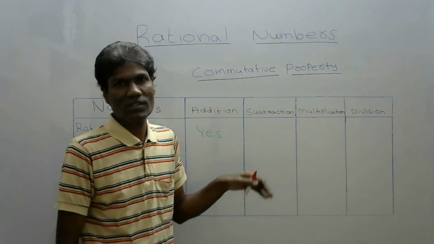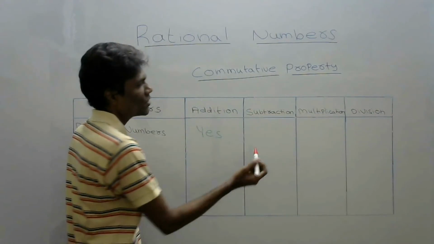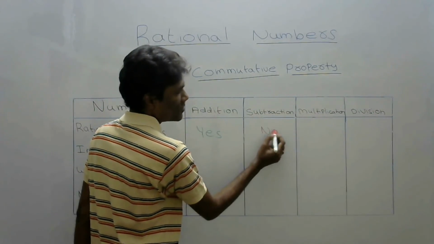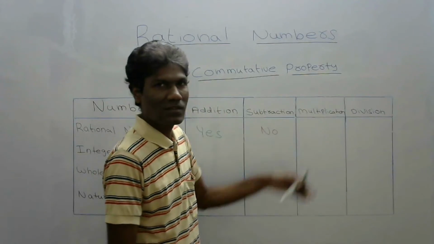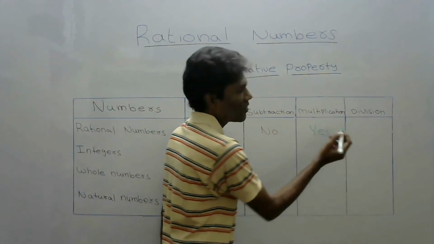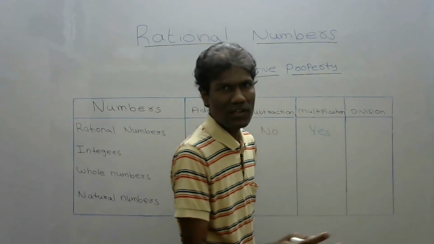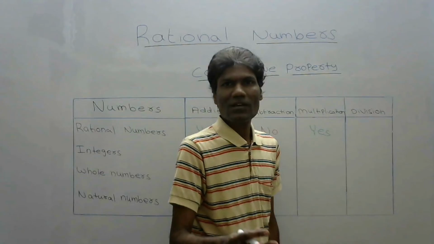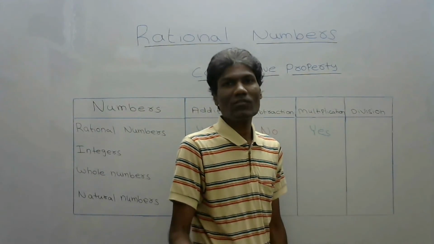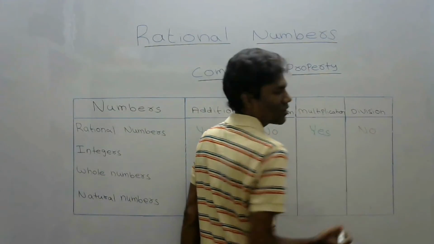We have already seen. So, under subtraction, it is not commutative. Multiplication, yes. With respect to division, it is not commutative. Like, if we take 2 and 3, say, then 2 by 3 is not equal to 3 by 2. So, under division, it is not commutative.